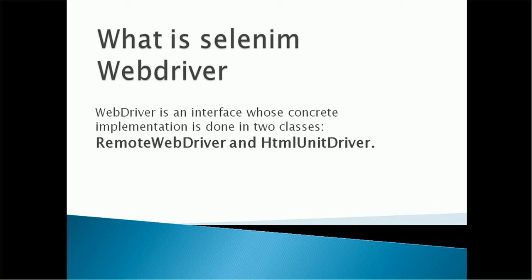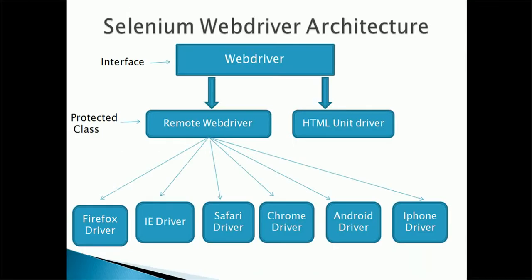So actually Selenium WebDriver is an interface whose concrete implementation is done in two classes. One is RemoteWebDriver and the other is HTMLUnitDriver. So here is the architecture of Selenium WebDriver. If you see, WebDriver is not a class, it's actually an interface, and it is implemented by two classes: RemoteWebDriver and HTMLUnitDriver.